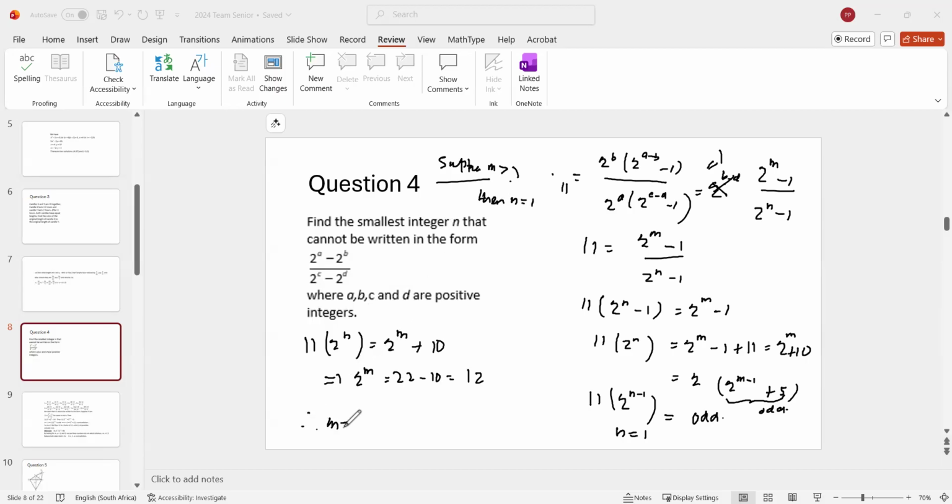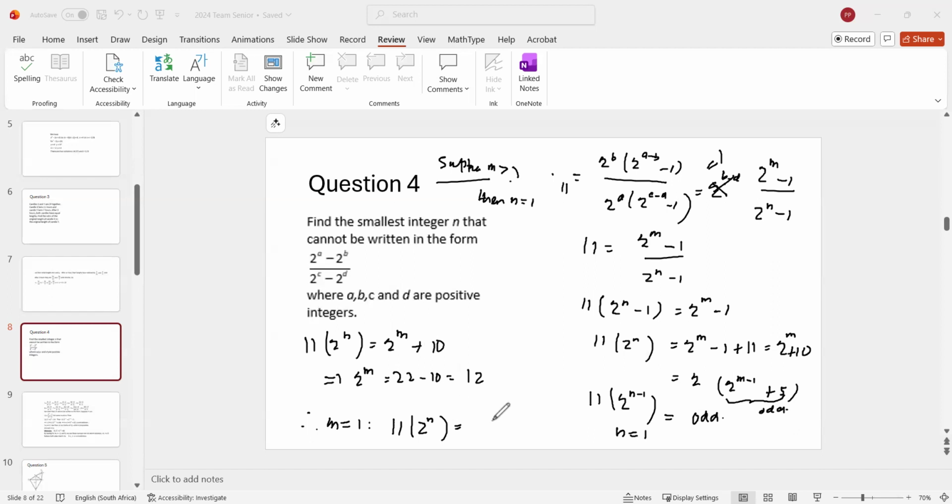But now you take the same equation. If m equals 1, then you got 11 times 2 to the n. Now m is equal to 1.